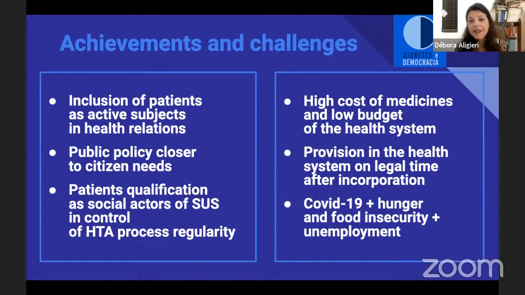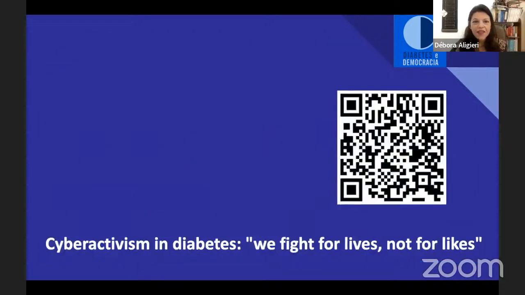And also now COVID-19, hunger and food insecurity. We have almost 85 million people in this condition, and almost 15 million people unemployed, but we have to fight.